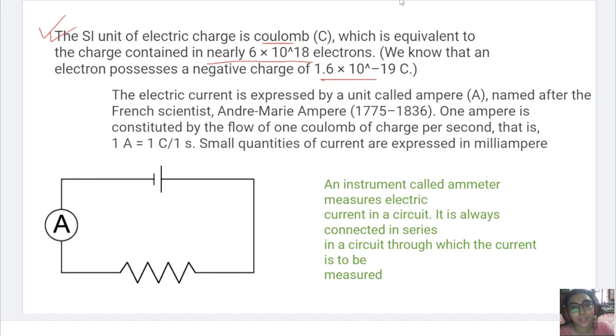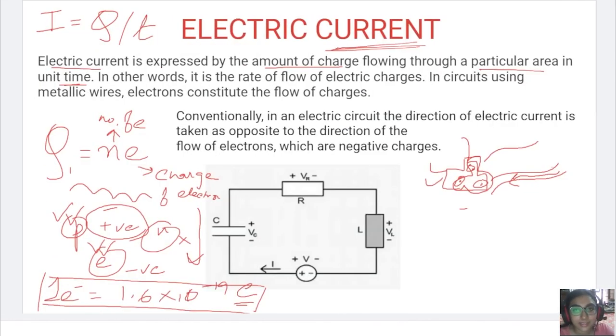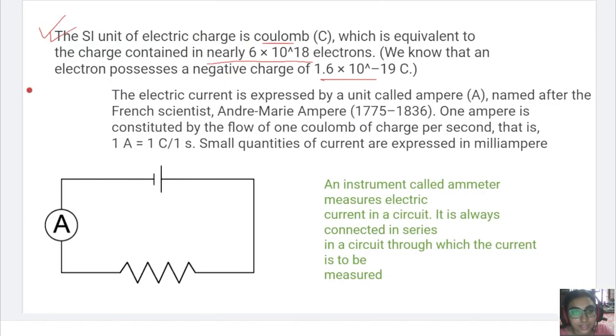Okay. So basically what they are trying to tell us is that since I told you that one electron possesses 1.6 into 10 to the power minus 19 coulomb, they have by unitary method found out how many electrons contain 1 coulomb of charge.